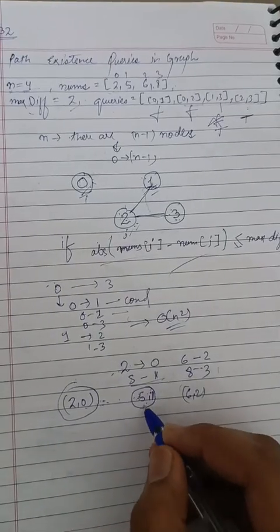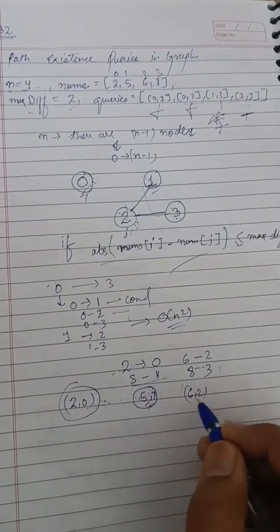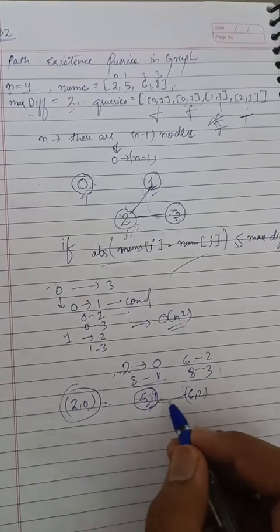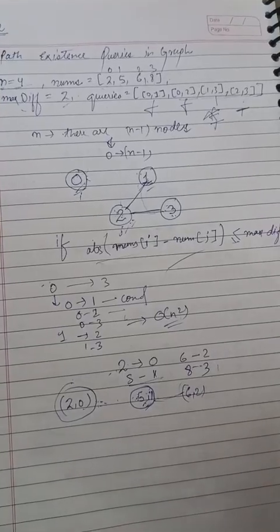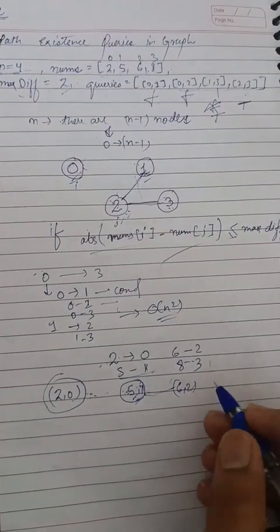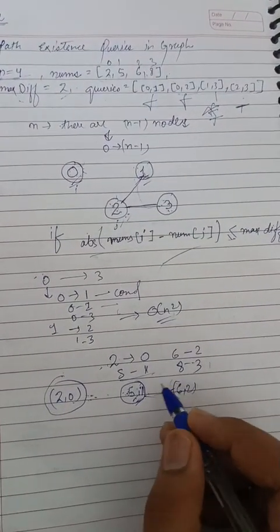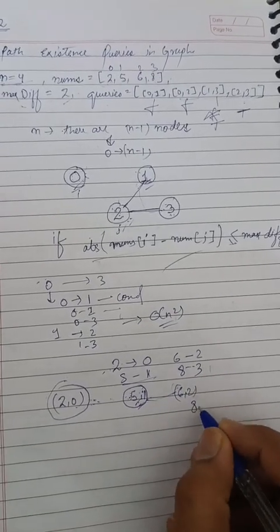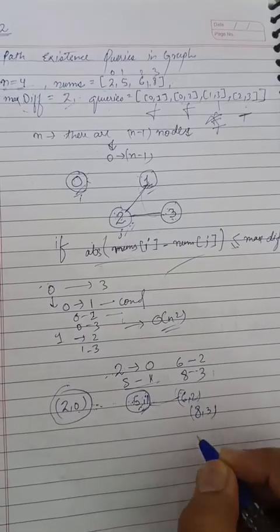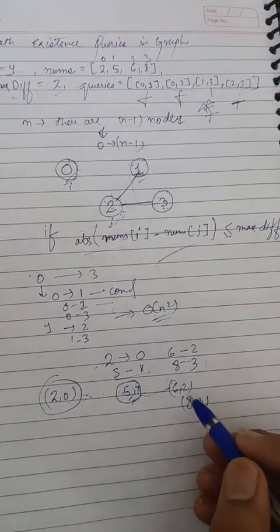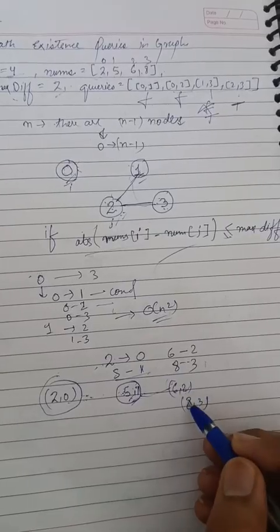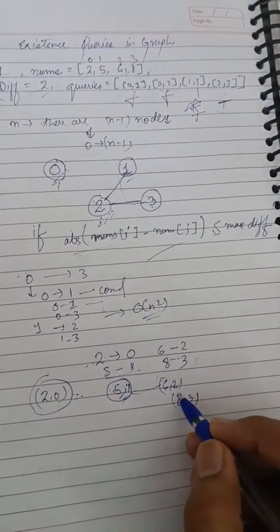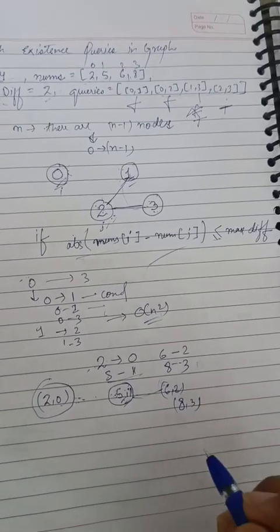I will check with the fifth one, the latest one, right? So here will be 5, 6, and the condition is okay, so they both form a group. Now I will take out 8, 3. This also qualifies the criteria, so it will get included in this group.